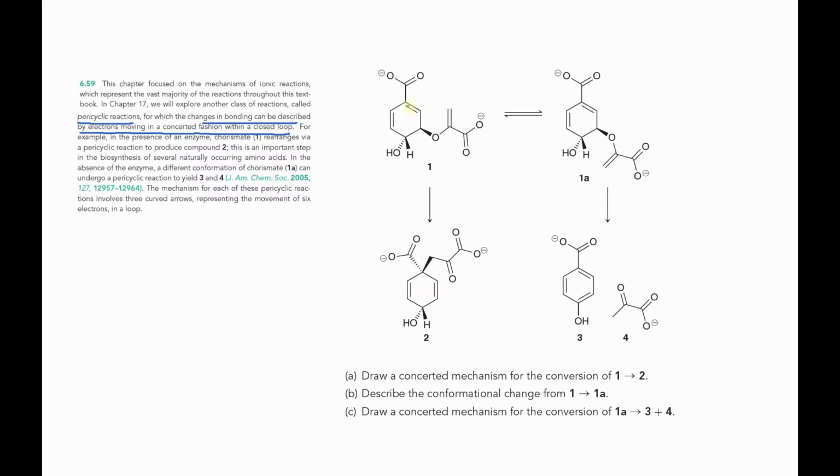In other words, now that the pi bond can act as a nucleophilic center, that creates a new bond here, and then that's going to break this oxygen to create the negative charge, and then this double bond can actually attack this carbon.